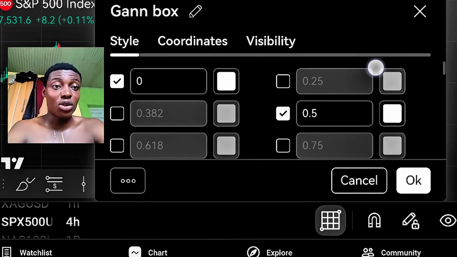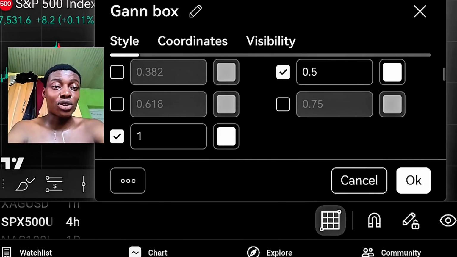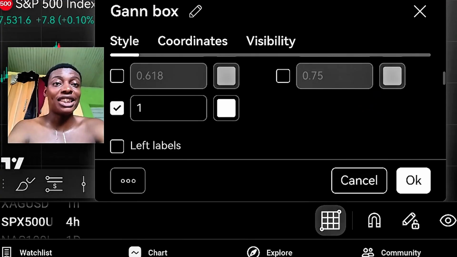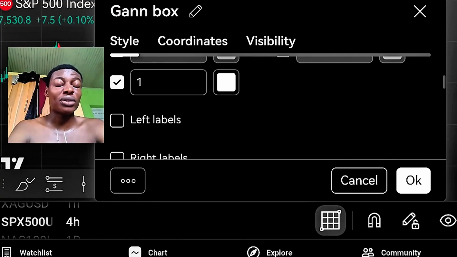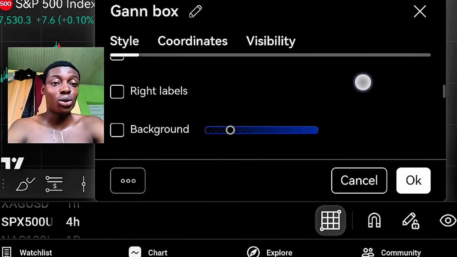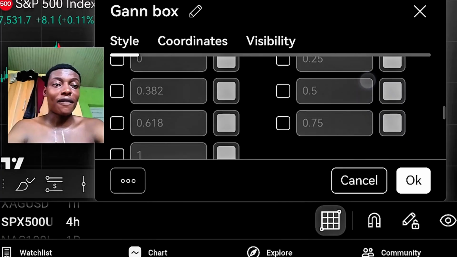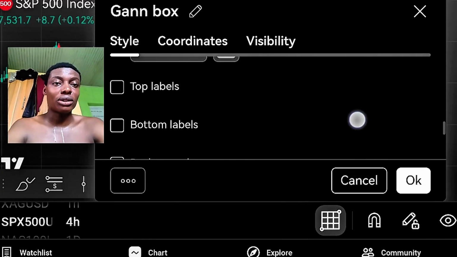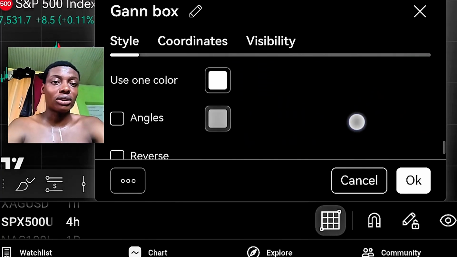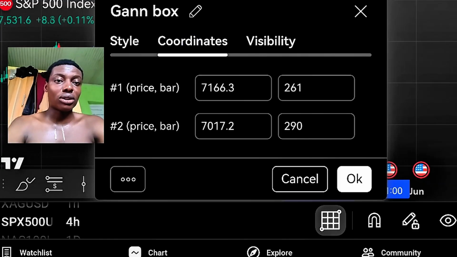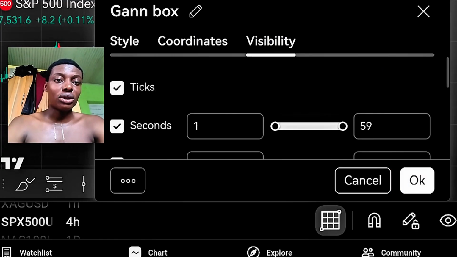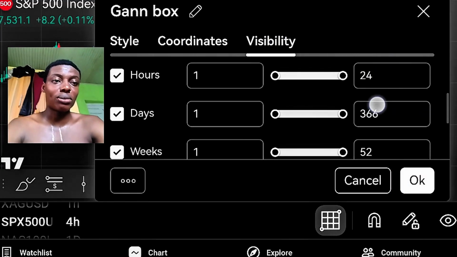Just follow me, because if you initially use that Gann box, you will see a lot of lines. So just do as I did. Very simple, nothing else. Then go to here, still the same thing.